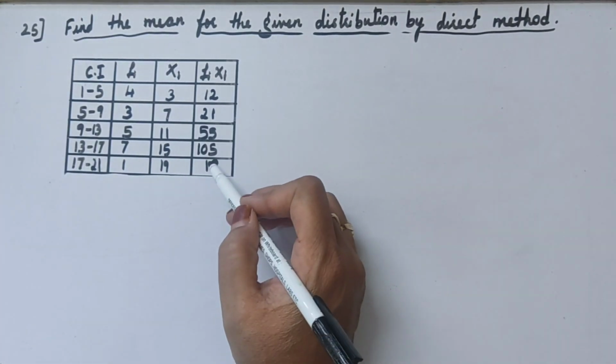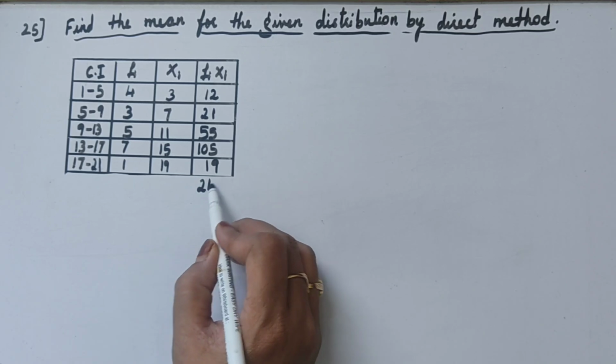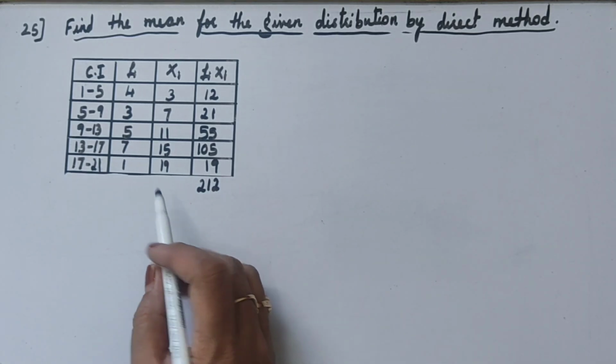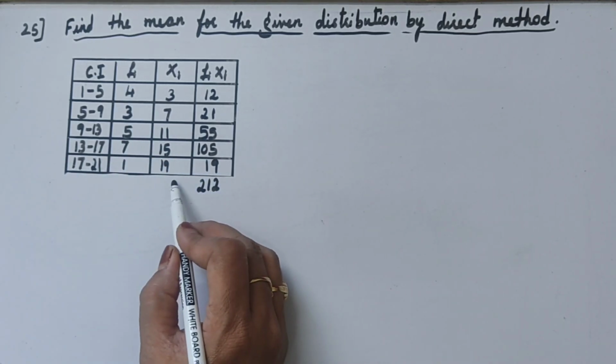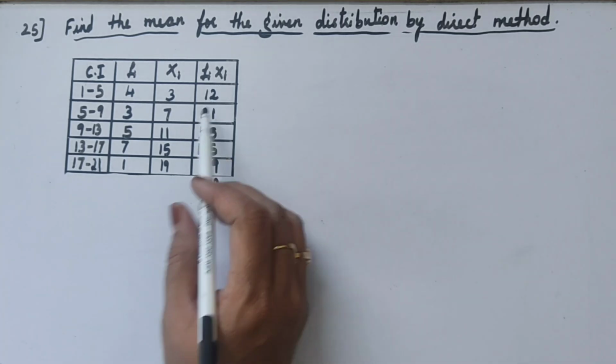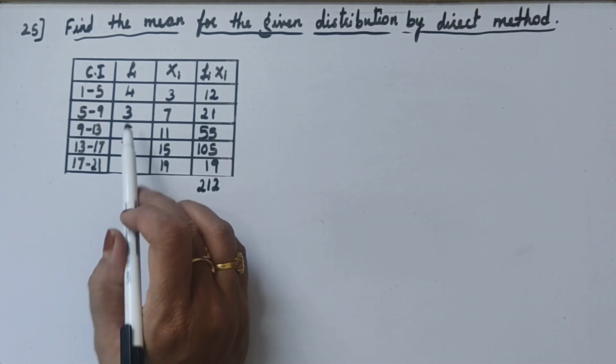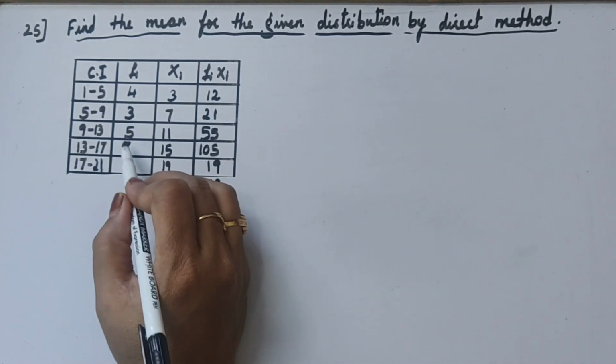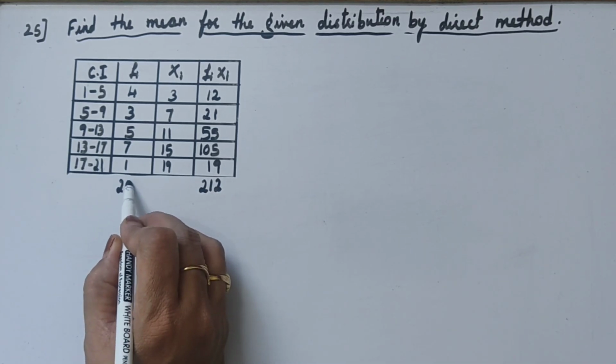Now when we add all this, I am going to get 212. Similarly, this will be sigma fi, and when we add, we get 20.